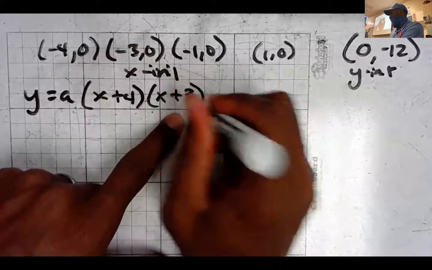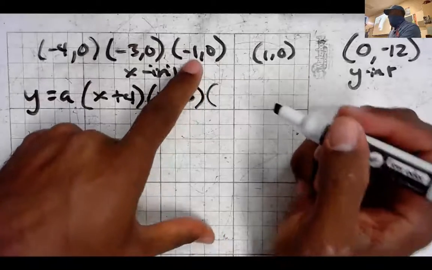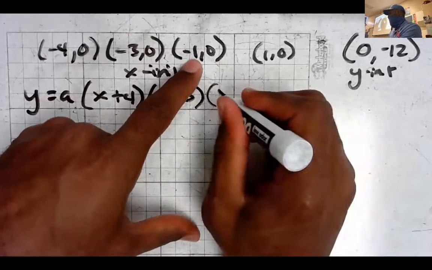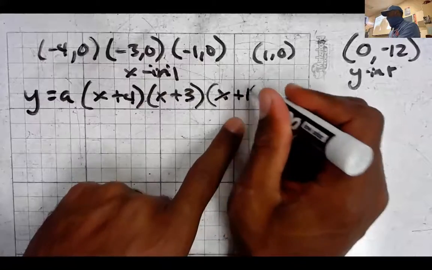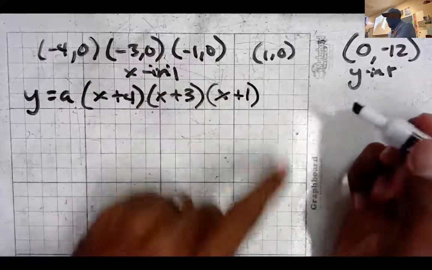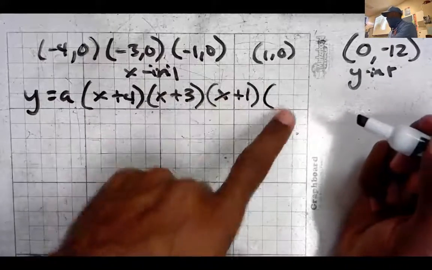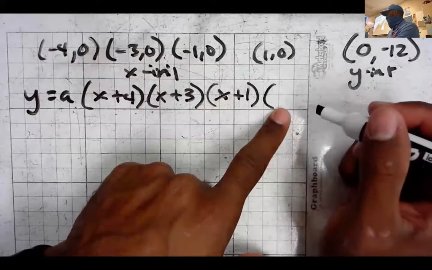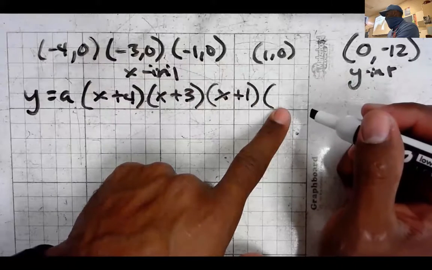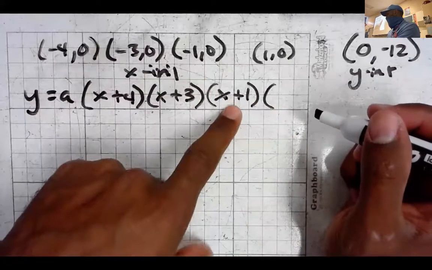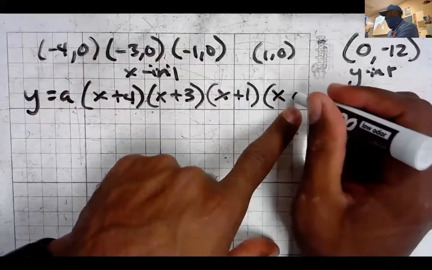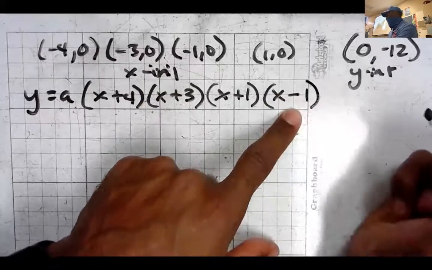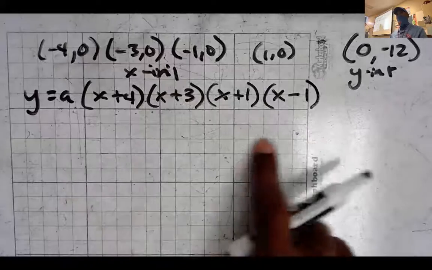Good. Jose, what would I put for -1? What's that? Okay, so x what? Plus 1. And Hamza, the last one, for +1, what would I put here? Because for -1, I put x plus 1, so this one I would put -1. Okay? All right, so we got 4 different factors.